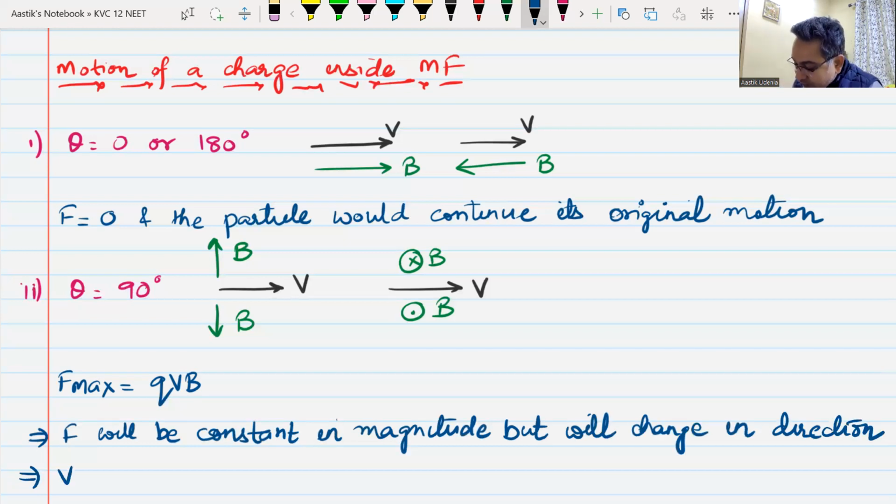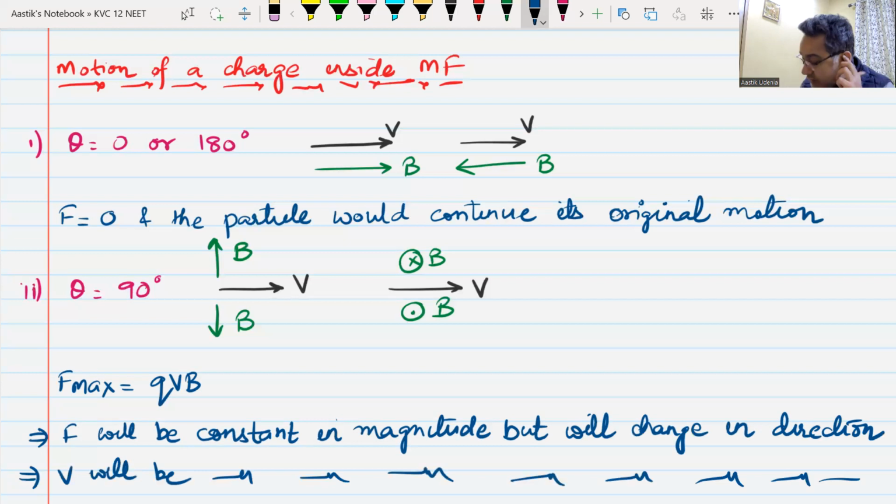Number 2, velocity will be constant in magnitude but will change in direction. So, same as force, velocity will be constant in magnitude but it will change in direction.